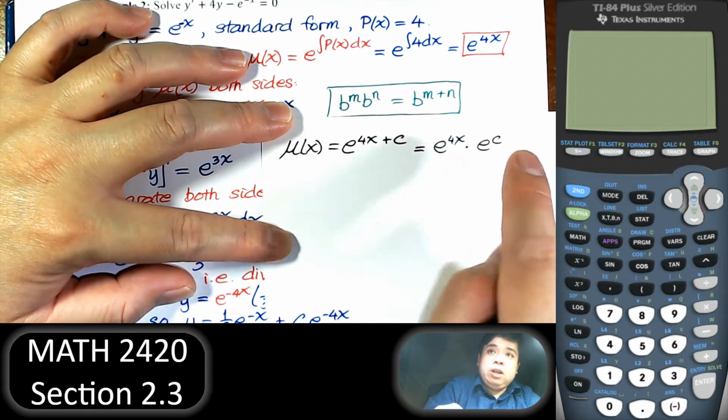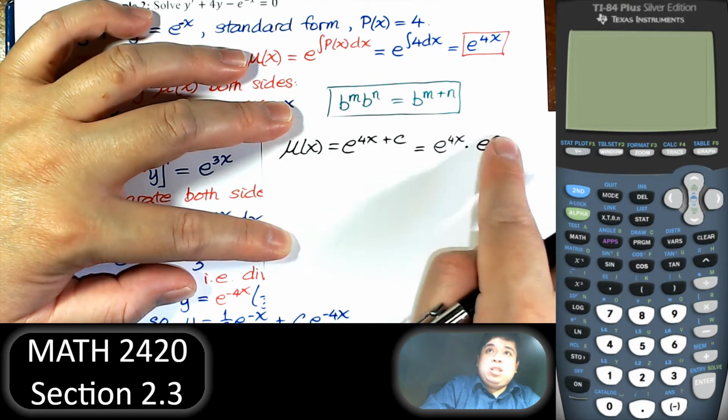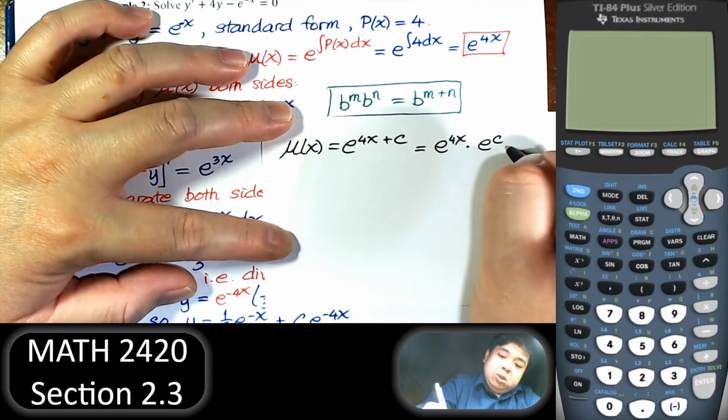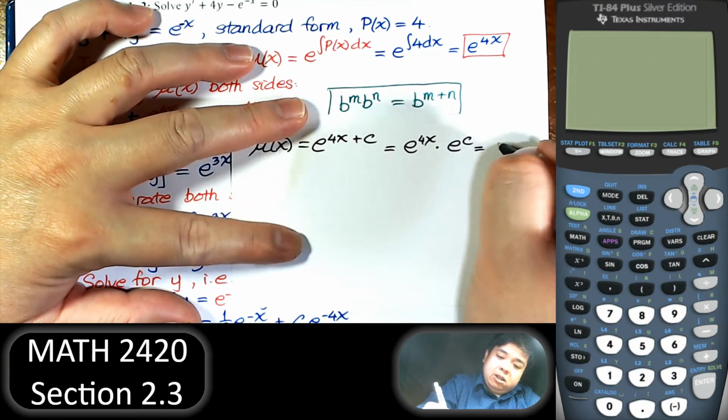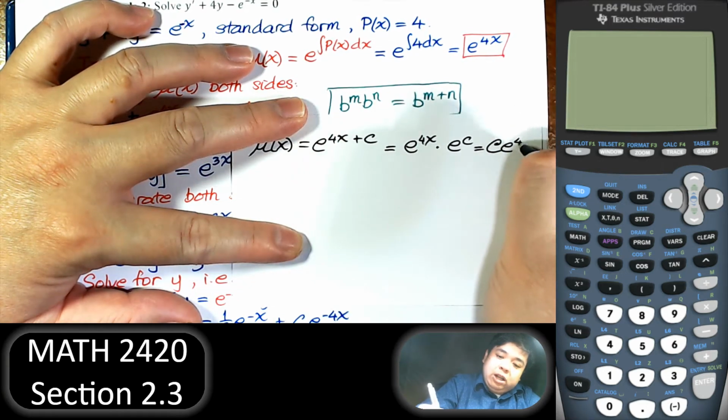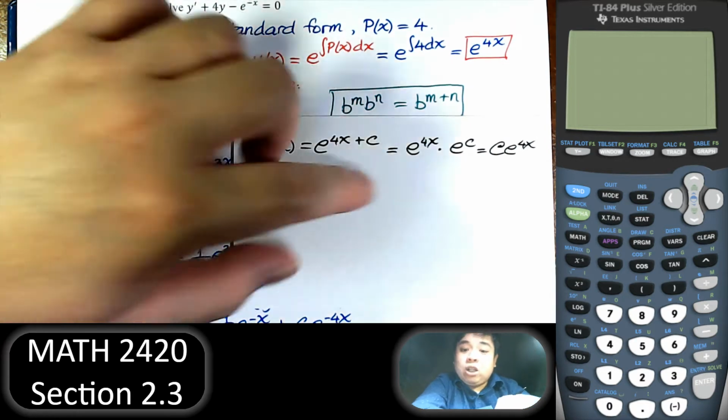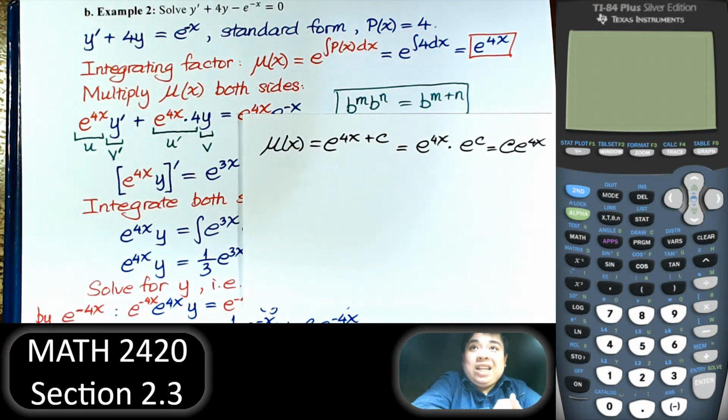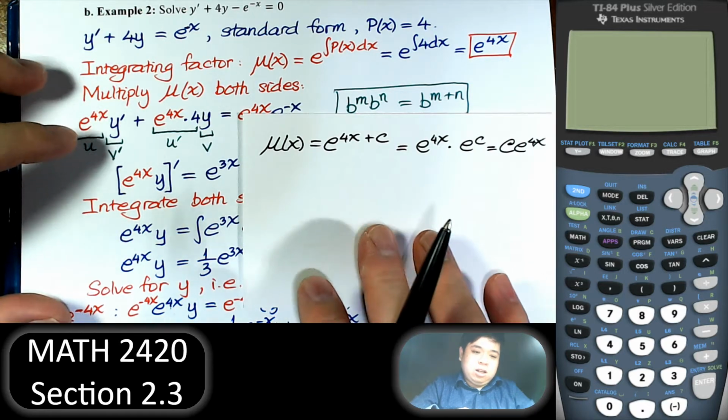So that's what we have. C is a constant, e to the c is also a constant, so I can just say this is a constant times e to the 4x. So the integrating factor could as well be c e to the 4x, right? And we multiply both sides.